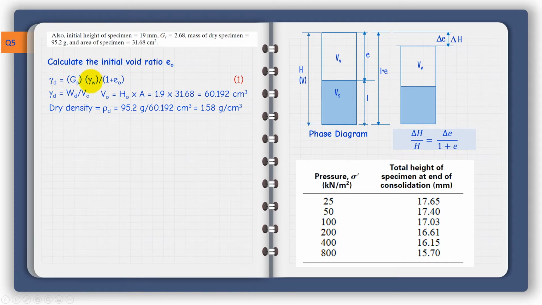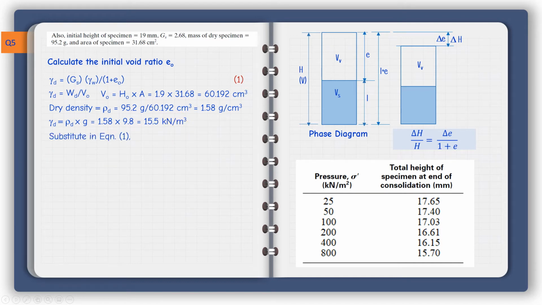Remember, this formula is for the unit weight, not the density. So I can convert the dry density to dry unit weight by multiplying by g. You need to be very comfortable with this unit conversion. You multiply by the gravity acceleration, which is 9.8 meters per second squared, so the result would be 15.5 kilonewton per meter cubed.